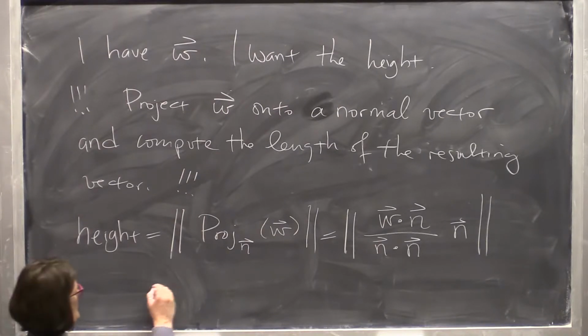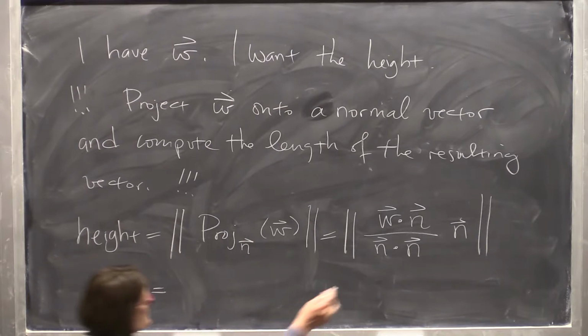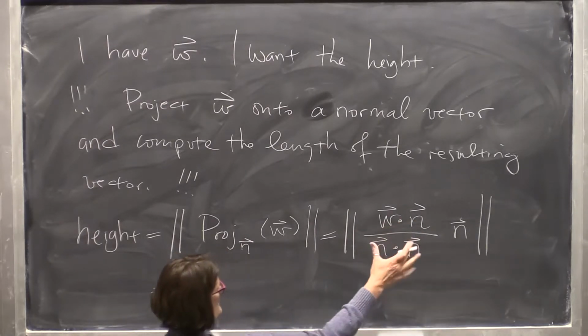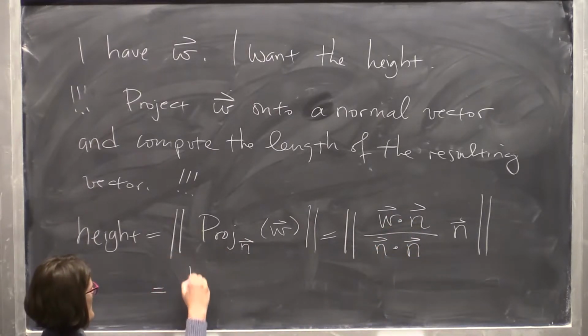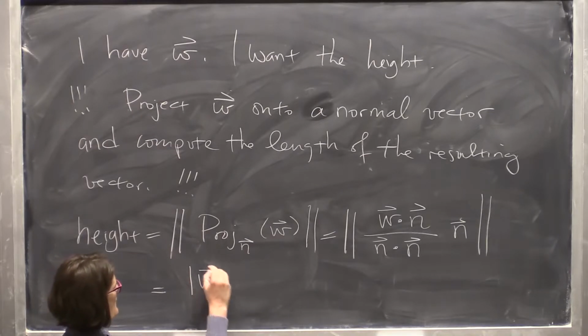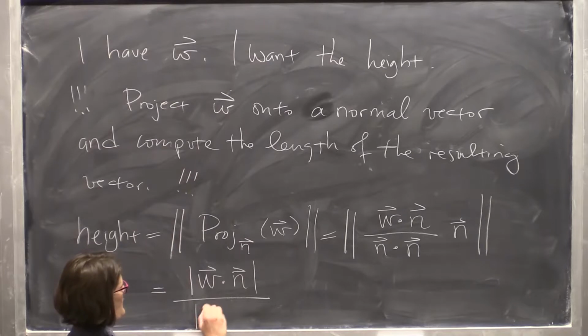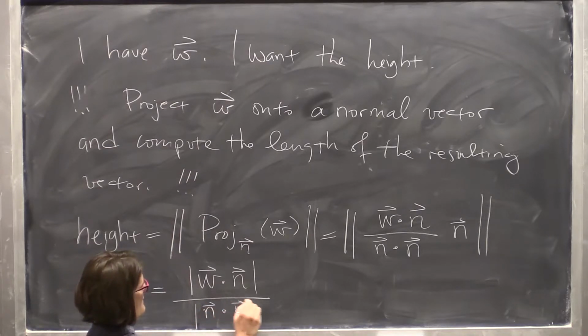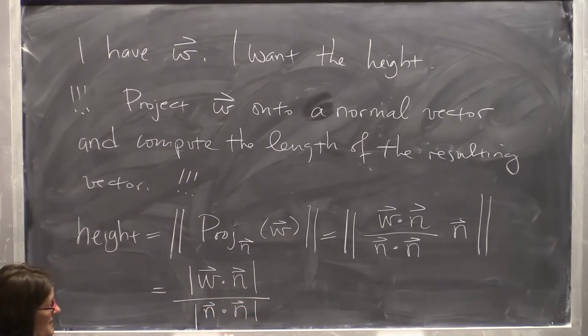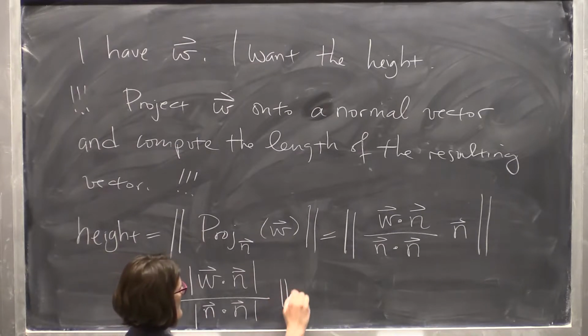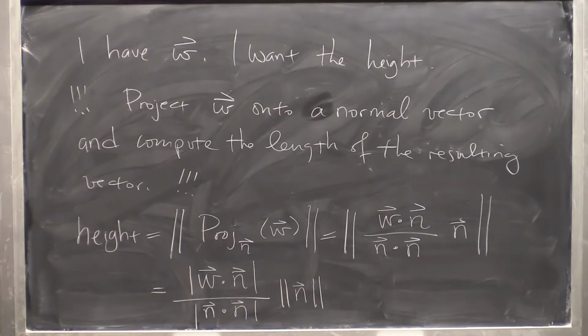That is equal to, this is just some stupid number, I can take it out as long as I do an absolute value. So absolute value of w dot n over absolute value of n dot n, which I don't really need because n dot n is actually positive, times the length of the vector n.